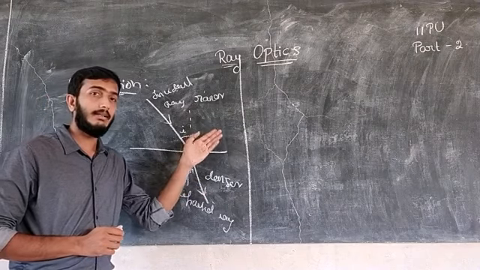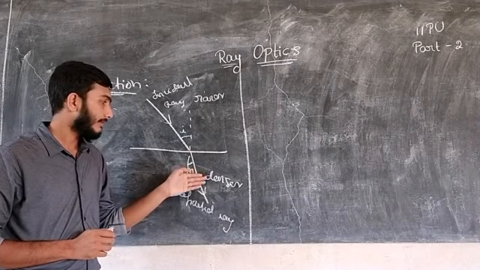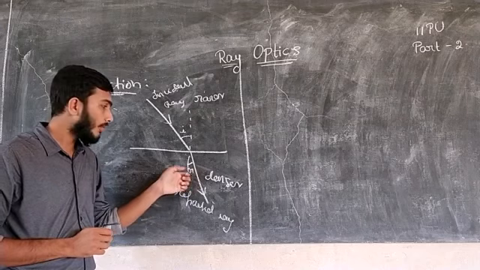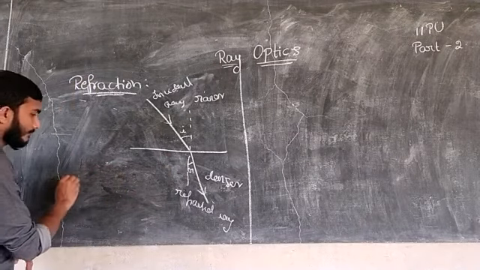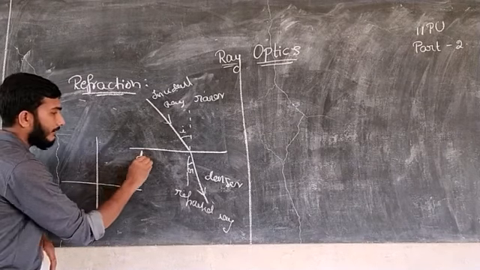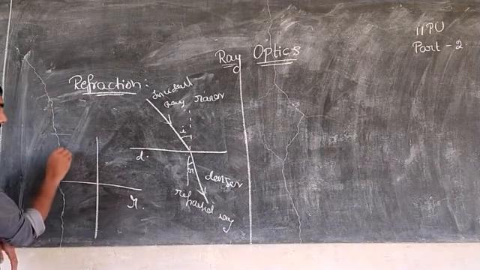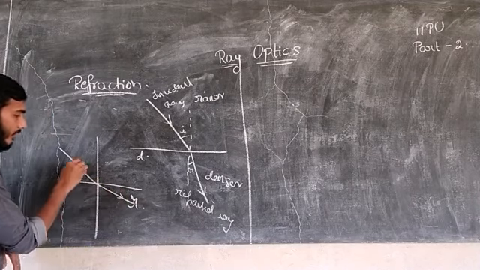When light comes from lower density to higher density, what happens? The light moves towards the normal. If the light is traveling vice versa, that means from the denser medium to the rarer medium, the refracted ray moves away from the normal.